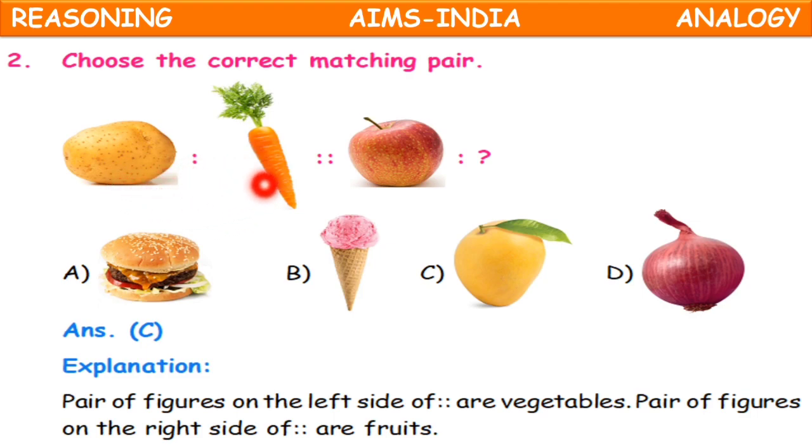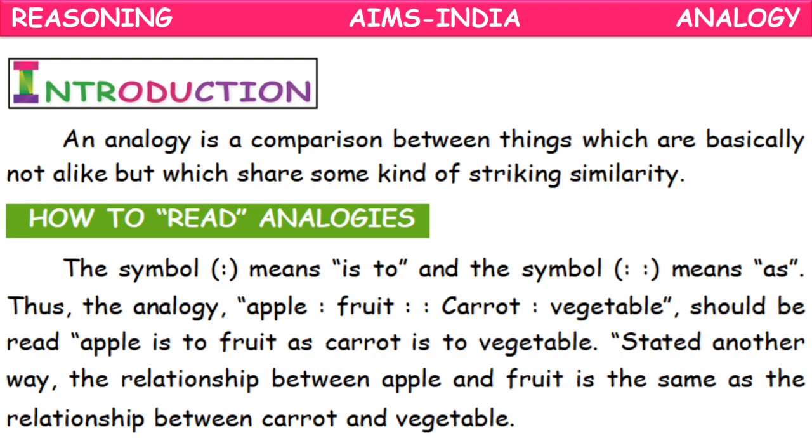They are similar in the way that both of these are vegetables. Yes, potato and carrot are both vegetables. So here we are drawing an analogy. That means we are drawing a comparison. Though they are not both same, they are similar because of the common feature they share, that is, they both being vegetables.